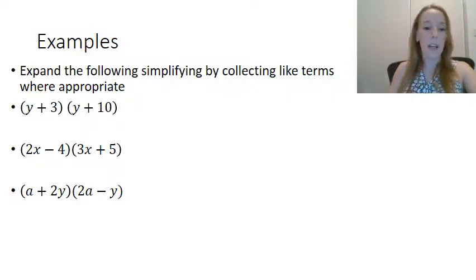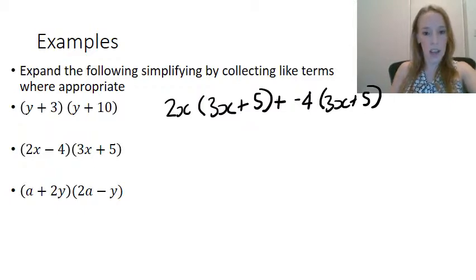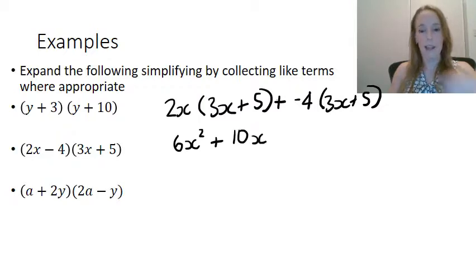Okay, so our next one, we've got a negative number here. So the 2x is going to be applied to everything in the second lot of brackets, (3x plus 5). And then we're going to do plus again, but we're going to treat it as a negative 4. So it's plus negative 4, (3x plus 5). So 2x times 3x will leave us with 6x squared plus 10x.